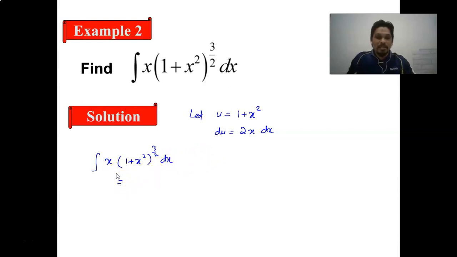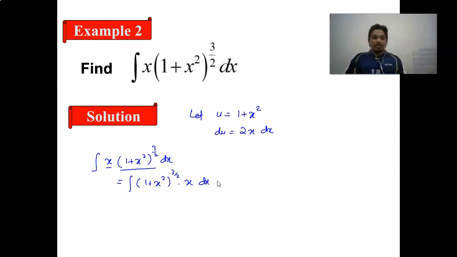As you can see now, let's say I change the position of these two: everything here, (1 plus x squared) to the power of 3 over 2, and then we get x dx.